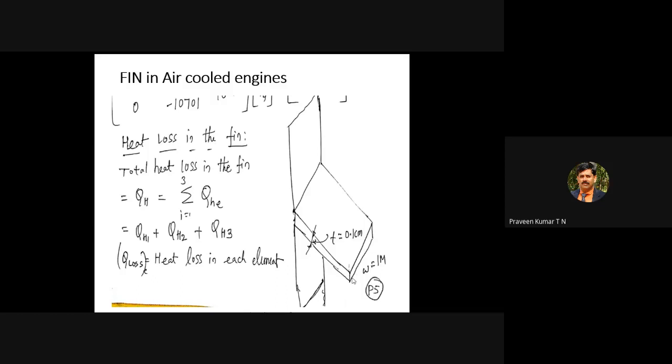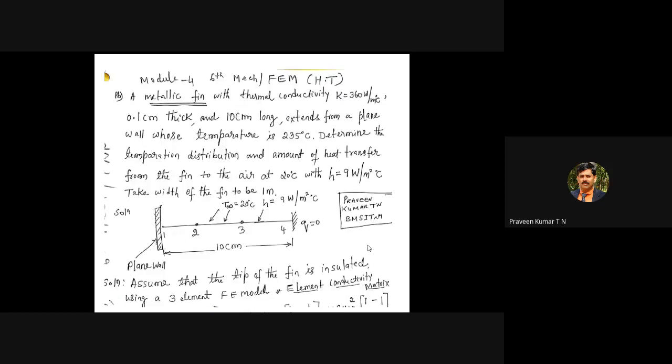In such cases, we assume that there is no heat transfer. That means the tip of the fin is insulated. So that's why you write the other end. At the tip of the other end of the fin, the cross section is very, very small, and the heat transfer rate is very, very small. Don't think that it is insulated by putting rubber, etc. It is not insulated. The area is very, very small compared to the surface heat transfer. The tip heat transfer rate is very, very low. Hence, you put Q equal to 0.